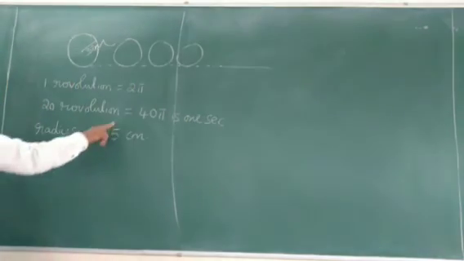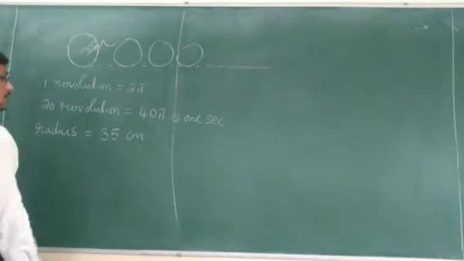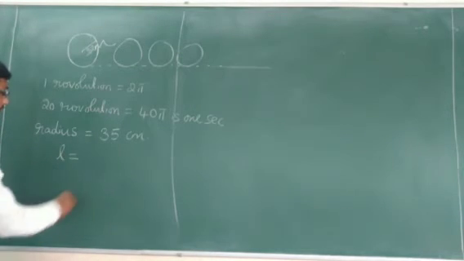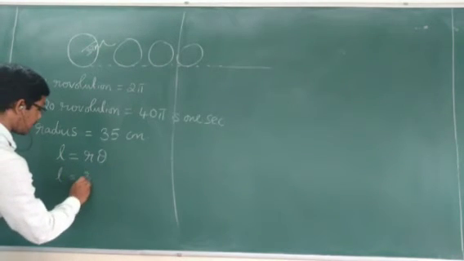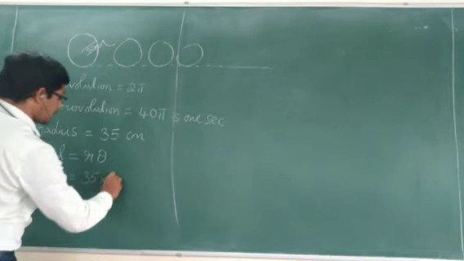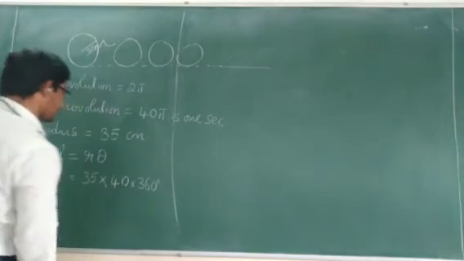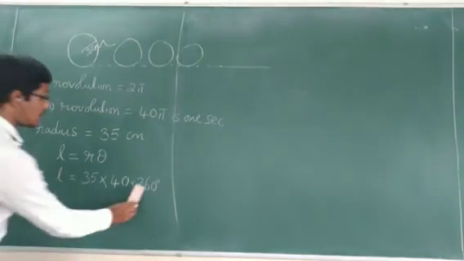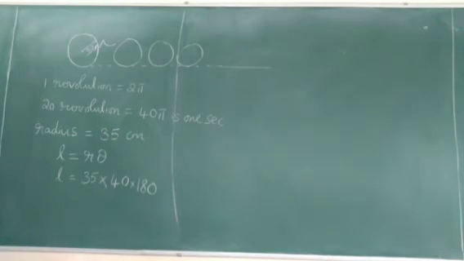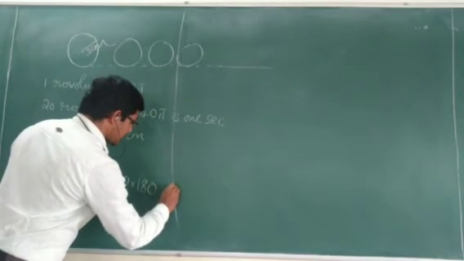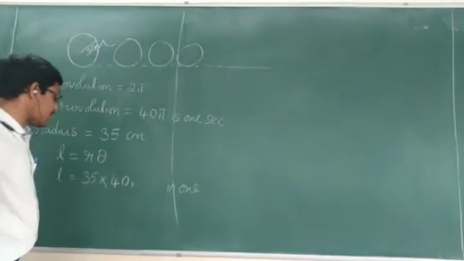Here we have theta in radians, and the radius is 35. So L equals r theta, that is 35 into theta. Theta is 40 pi, and pi I will take as 180 degrees, sorry, pi I will take as 22 by 7.